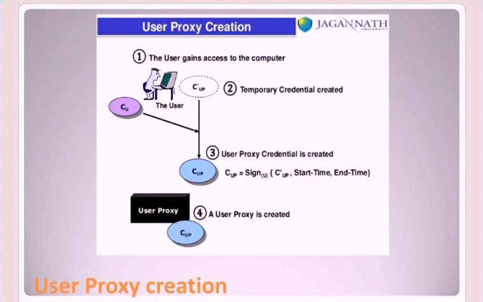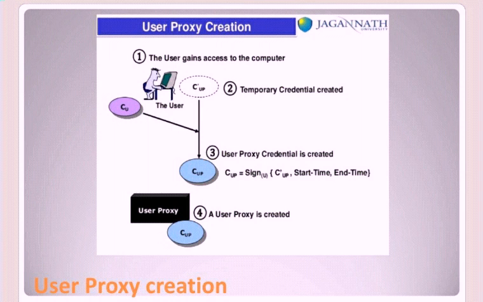Once a proxy is created and stored, the user can use the proxy certificate and private key for mutual authentication without entering a password. This is actually done in step 4. Mutual authentication differs when proxies are used.